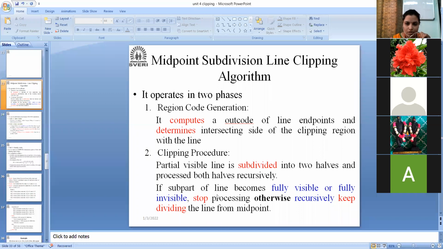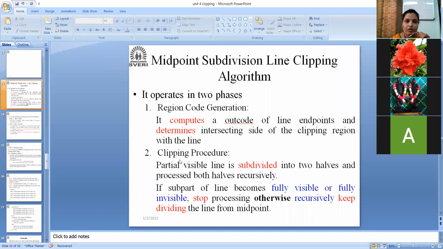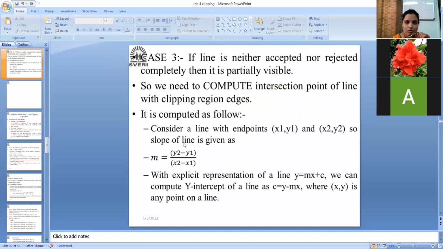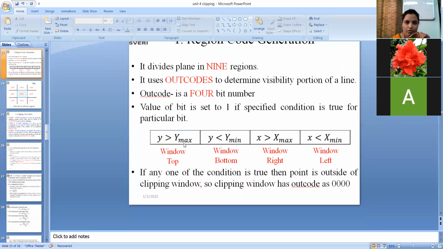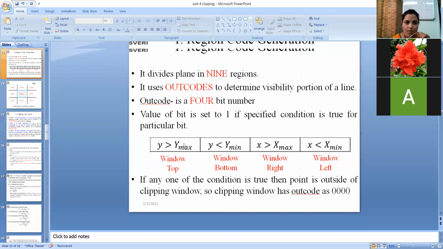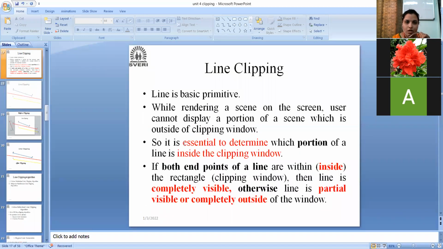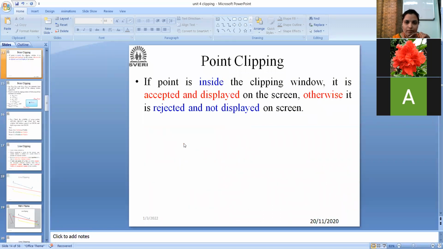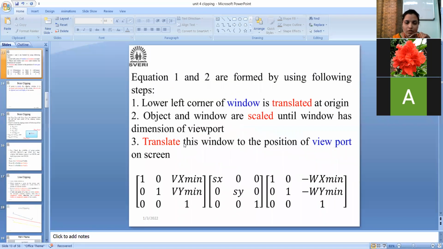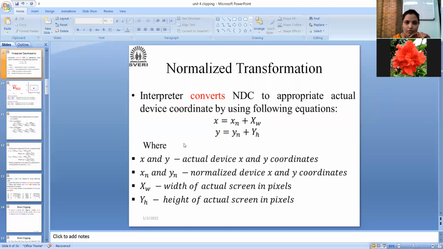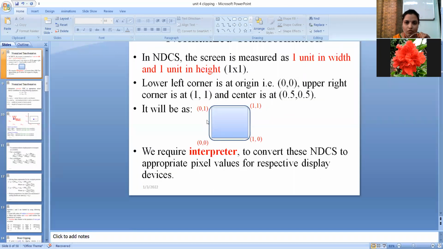Till the other students are joining, let us revise whatever part we have covered till now. In chapter number 4, which is in the second section of the CG subject, we have started with windowing and clipping. First, we have seen what is windowing or window coordinate system, what is viewport.